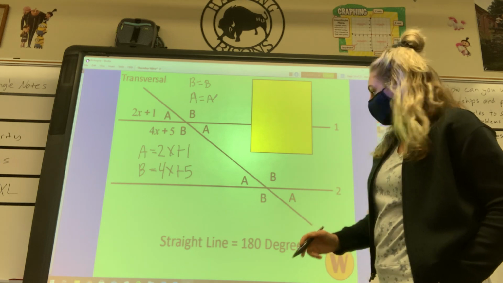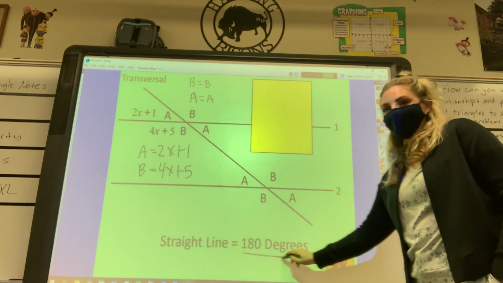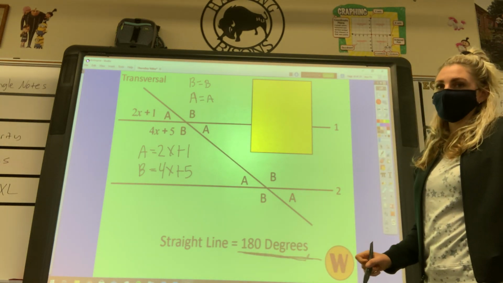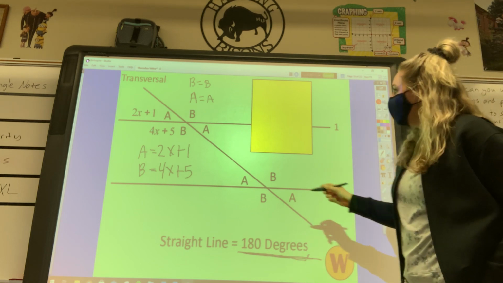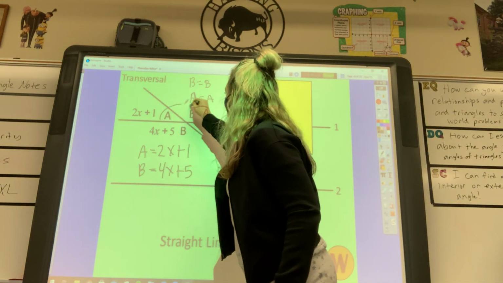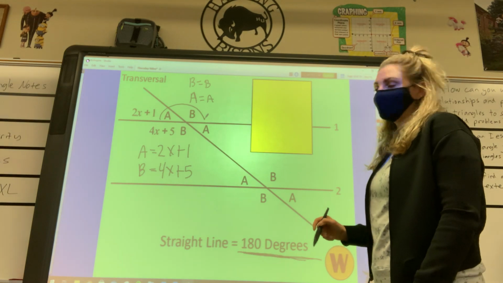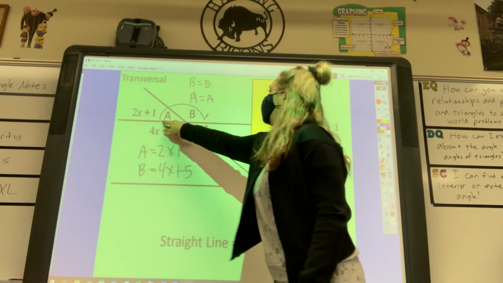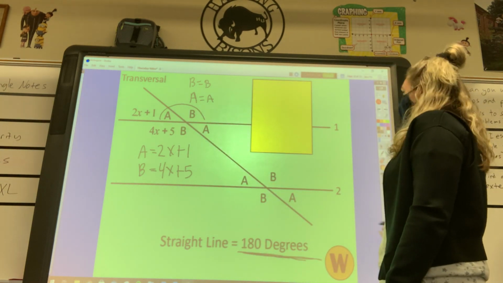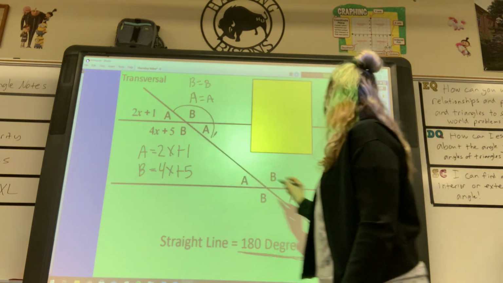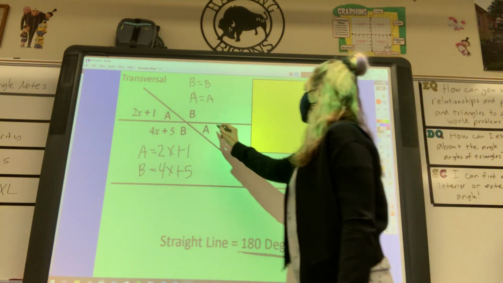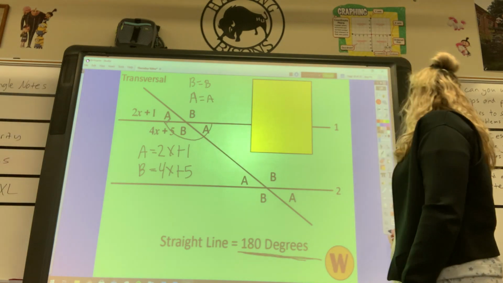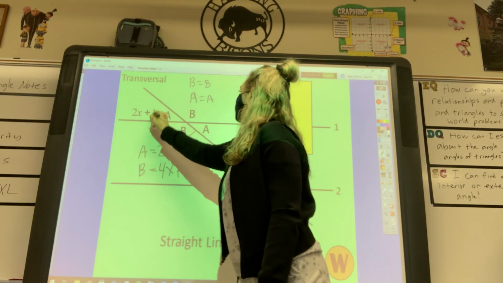But what we do know is that a straight line is 180 degrees. And if we notice, every AB combination falls on a straight line. We have AB there, or we have AB here. We have an AB here, and an AB here.